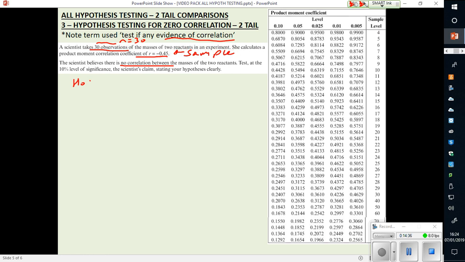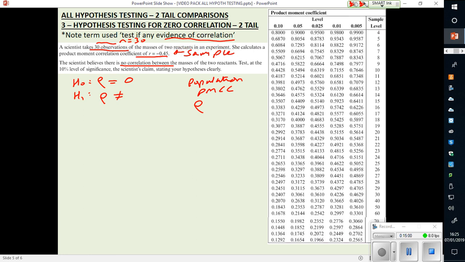So just like before, we've got an H0 and an H1. Now r is our sample PMCC, but our population PMCC is denoted as rho. So that's a skewed looking p. So rho in this case is 0.